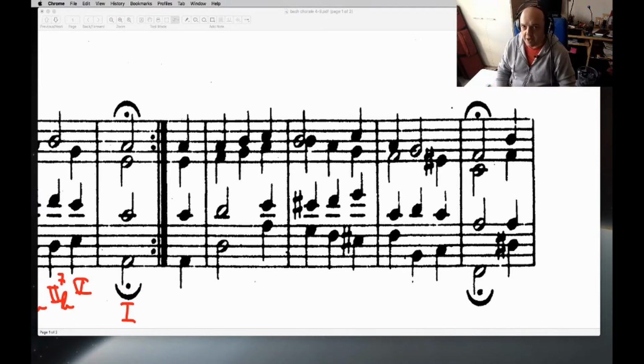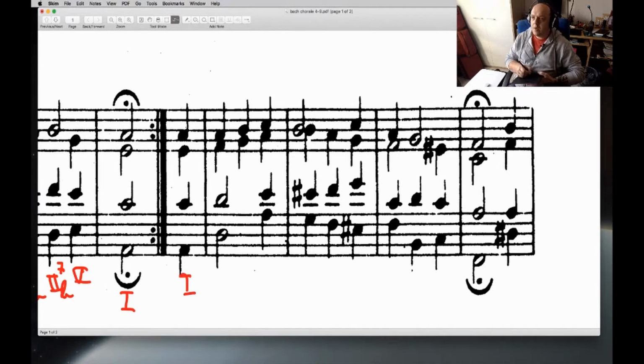Going to the relative minor, going to F sharp minor. Let's see the harmonization. Chord 1, chord 4.